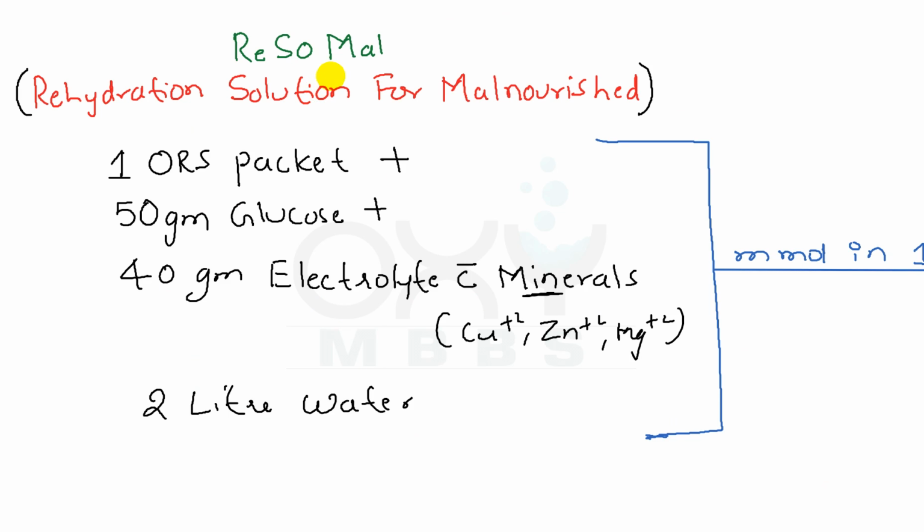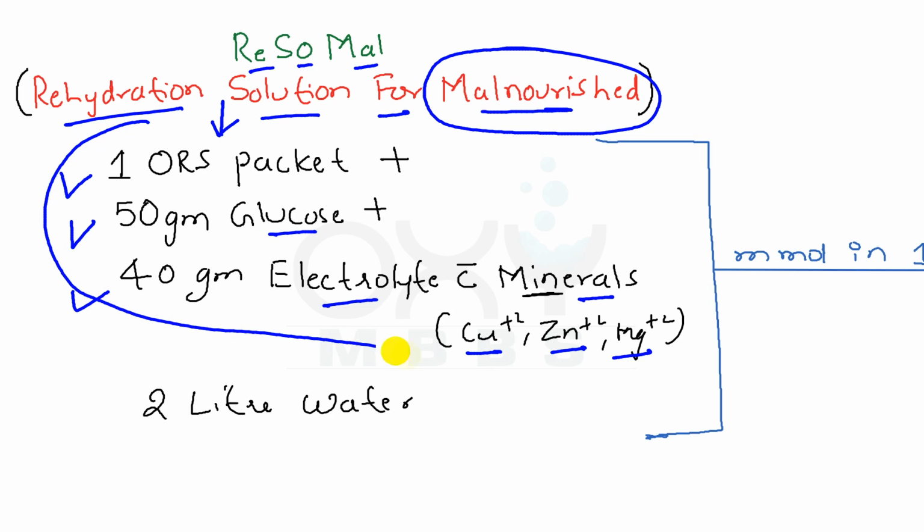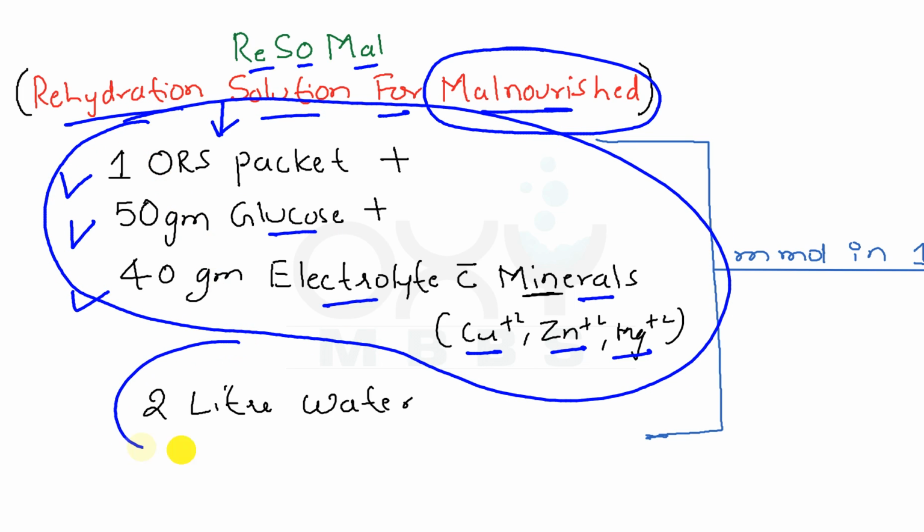Okay, now friends, there is ReSoMal. ReSoMal means rehydration solution for malnourished patient. Now friends, for the malnourished patient we use ReSoMal. The main constituents of this ReSoMal are 1 ORS packet, 50 grams glucose, 40 grams electrolyte with minerals like copper, zinc, magnesium, and all these constituents are mixed in 2 liter water.